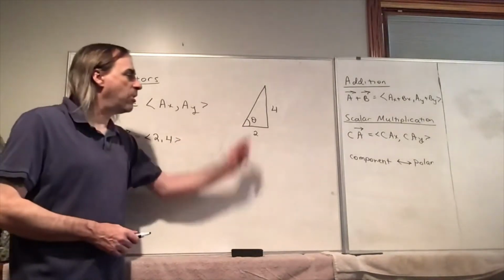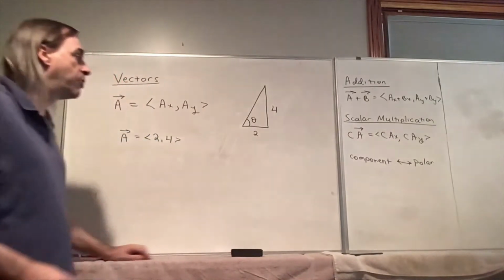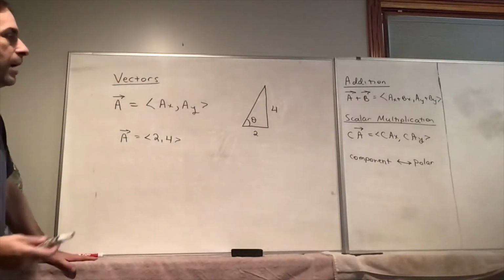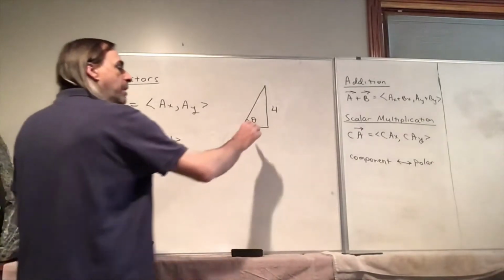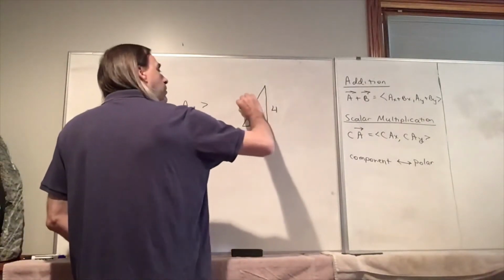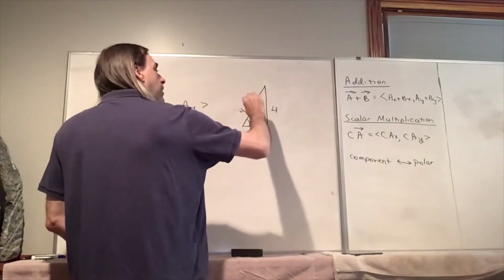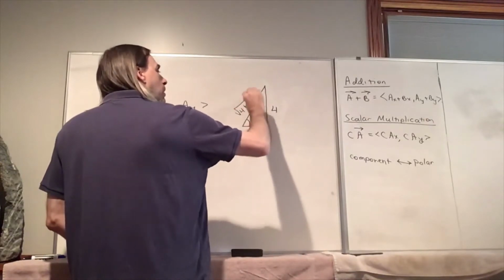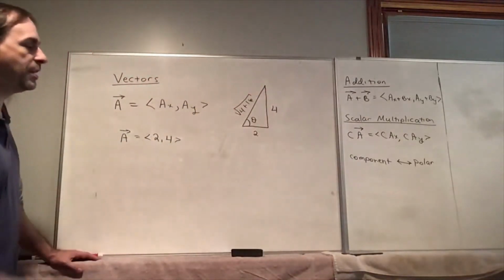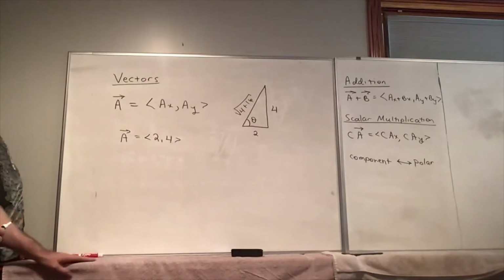And again, just by drawing this as a triangle, the magnitude is very easy to get, just using the Pythagorean Theorem. So here we'd have 2 squared, which is 4. 4 squared is 16. Add that up, you get 20, and take the square root.